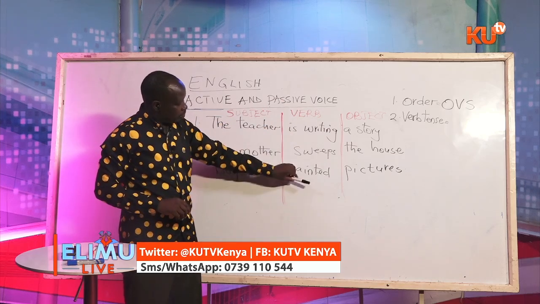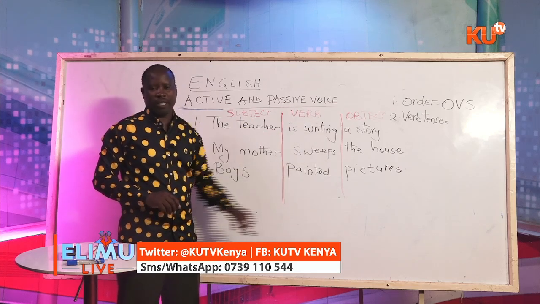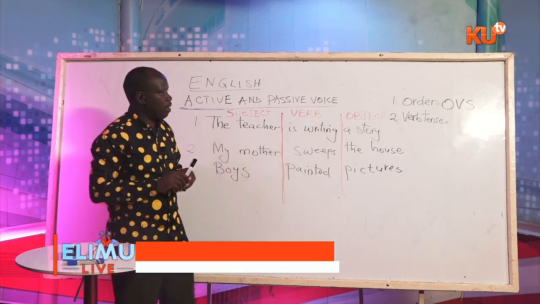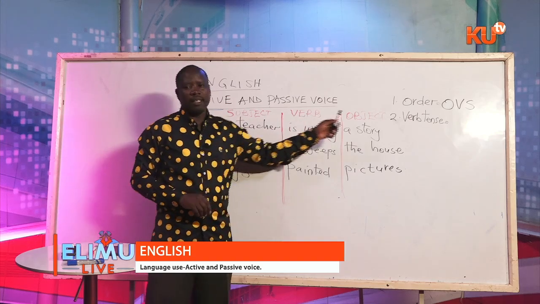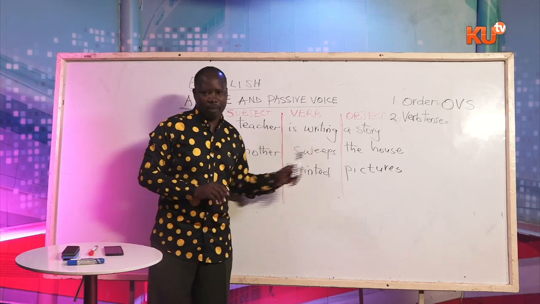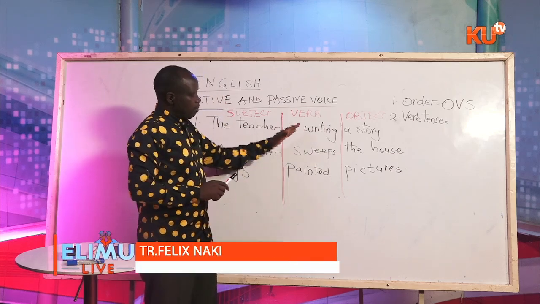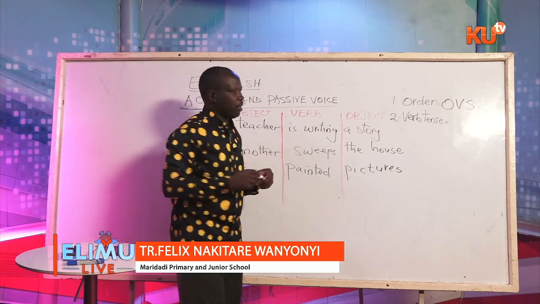The tense form of this verb will have to change. That is rule number two. Remember, rule number one is the order that affects subject, verb, and object. Rule number two is the tense of the verb. So all verbs must be changed and rewritten in past participle.